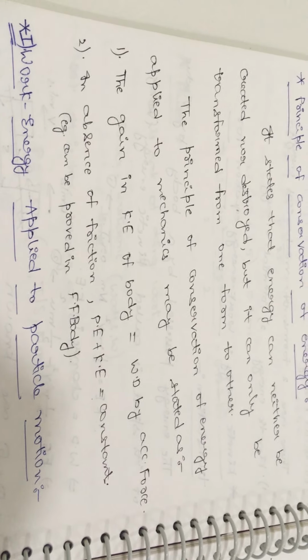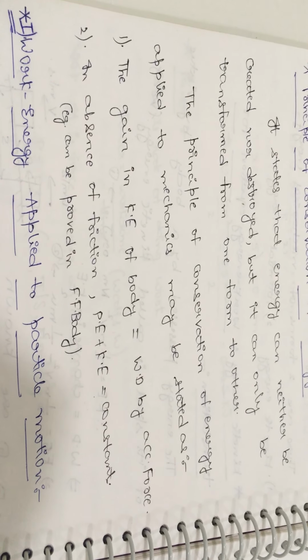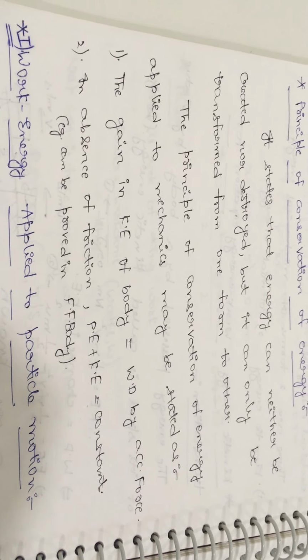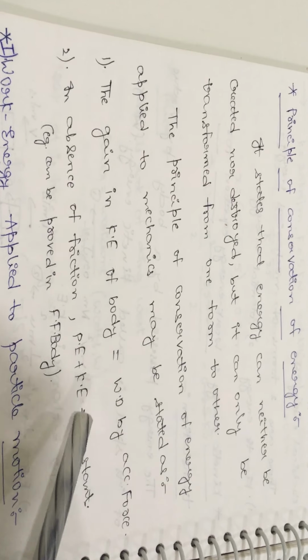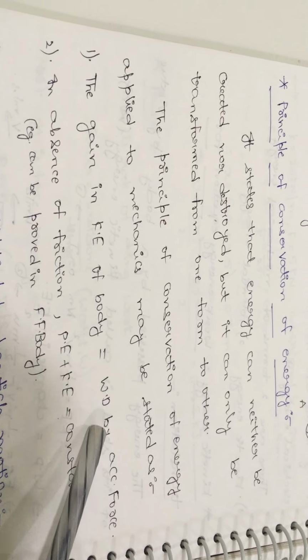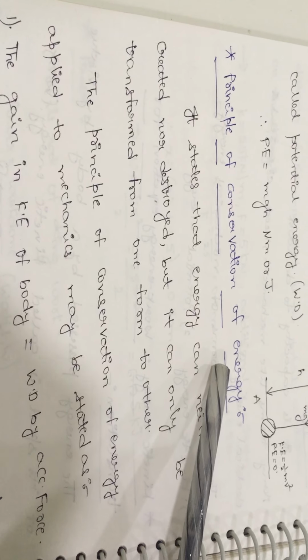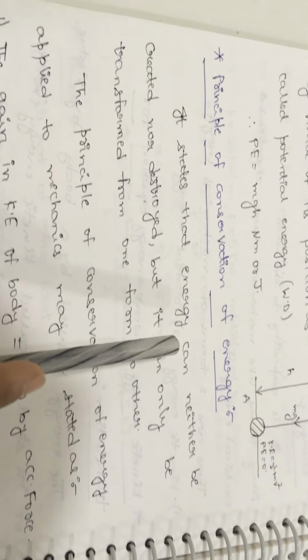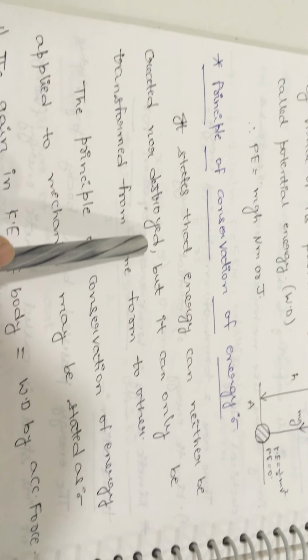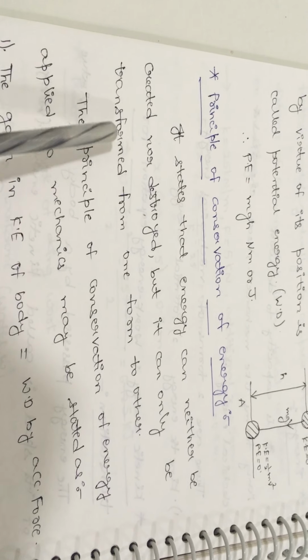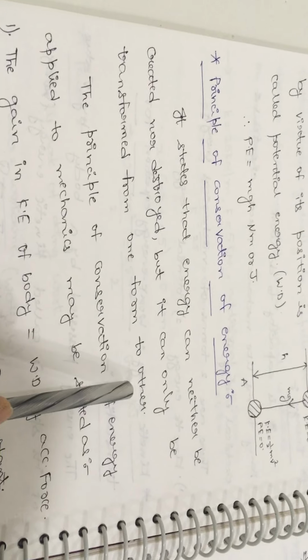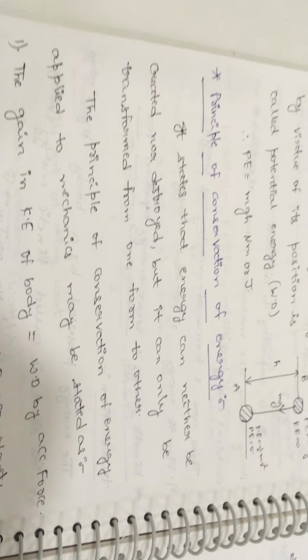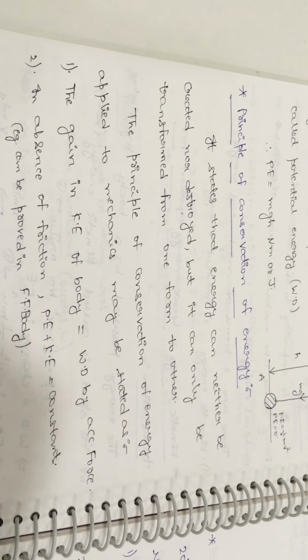And in absence of the frictional force, potential energy plus kinetic energy will be constant. These are the two statements for the principle of the conservation of energy. And it also states that energy can neither be created nor destroyed, but it can be only transformed from one form to another form. So this is the principle of conservation of energy concept.